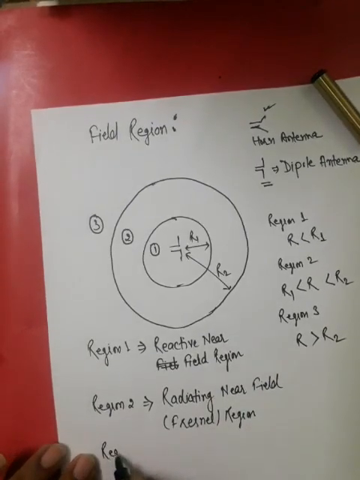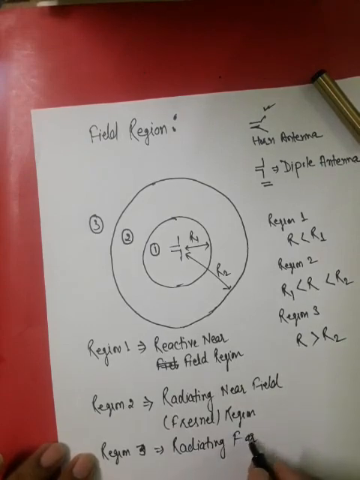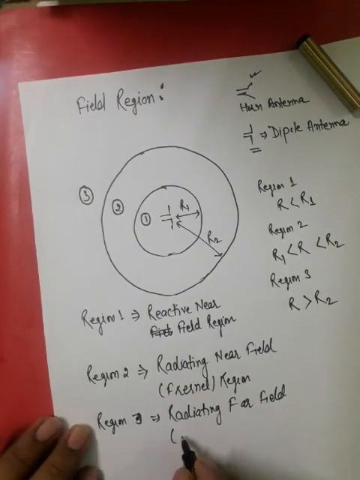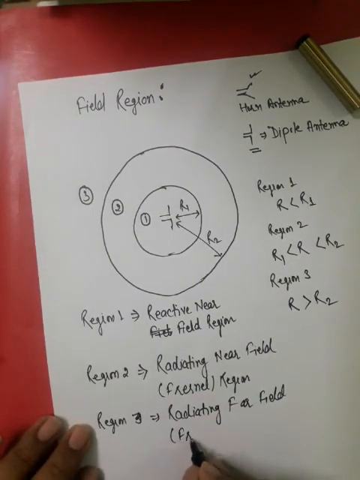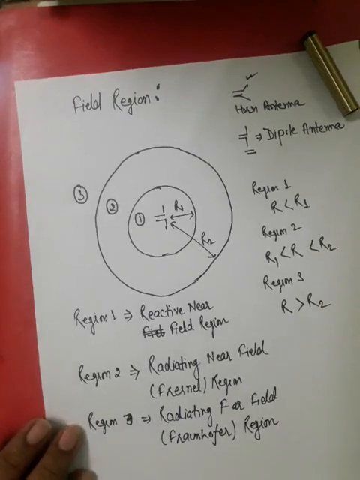And region 3 is called the radiating far field, or the Fraunhofer region.